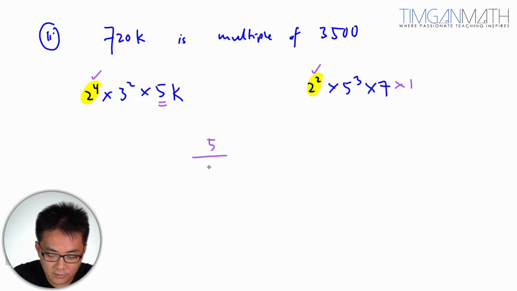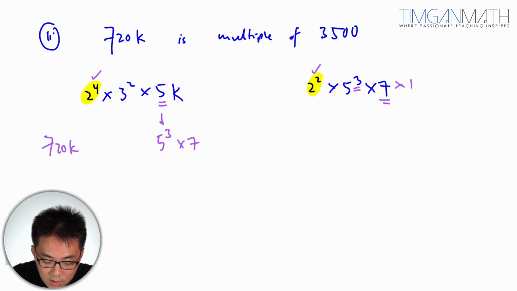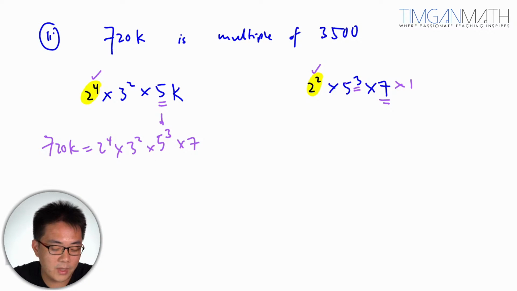If you put the 5 and the 5 cubed here, you could not be divided nicely. So what is lacking is that minimally this has to change to 5 cubed. And obviously it doesn't contain a 7 here, so we need to multiply with a 7 as well. So 720k minimum is 2 to the power 4 times 3 squared times 5 cubed times 7.